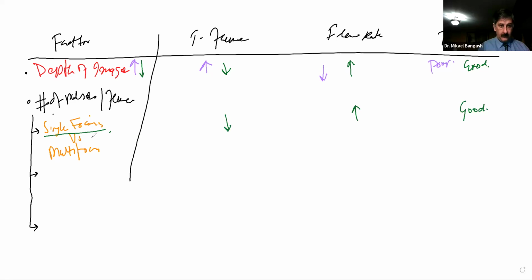Whereas if we did the other way around, the multiple focal points will increase our G-frame, reduce the frame rate, and cause the temporal resolution to be poor.